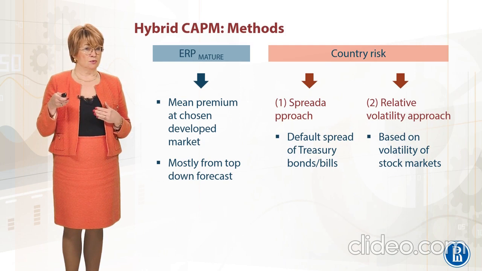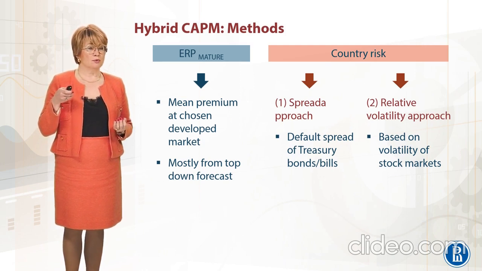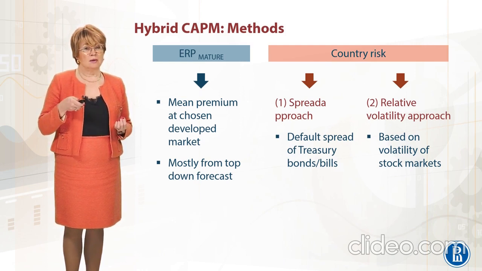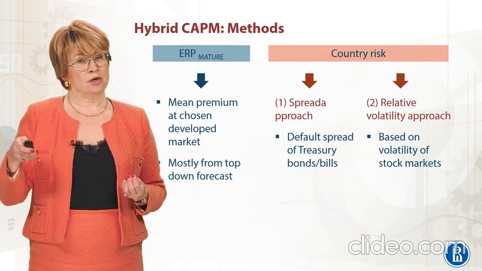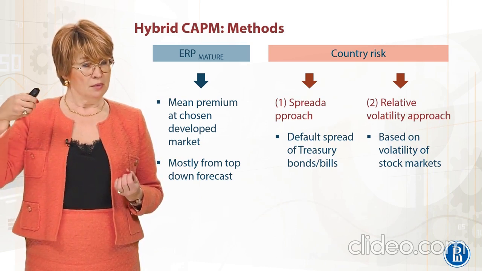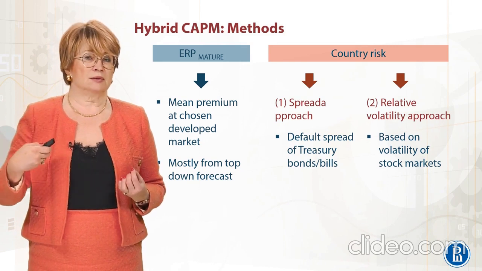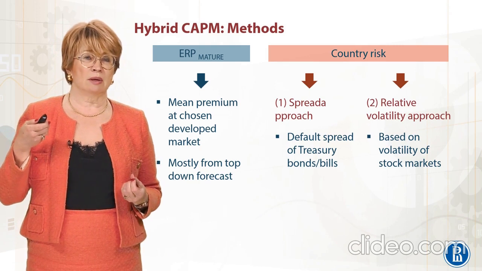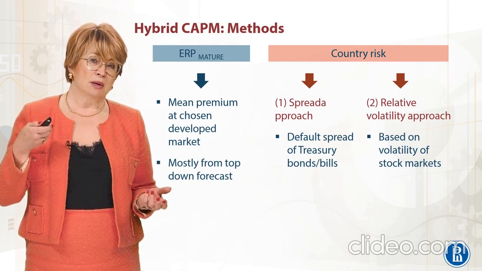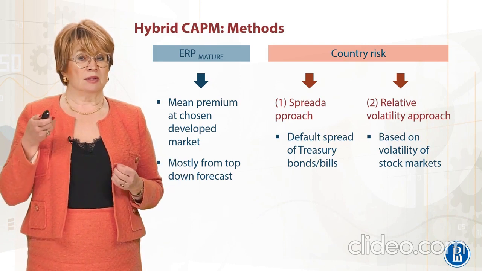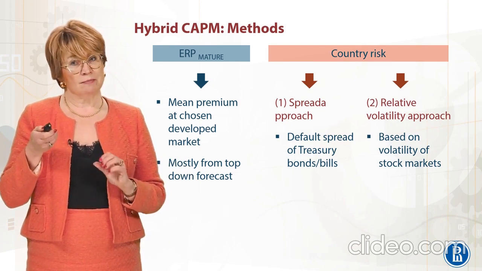We are going to use the default or sovereign spread of treasury bonds of the local market versus the treasury bonds of the benchmark market. Remember, at the beginning of the class we discussed that to some extent treasury bills can also be used, but this is a much more complicated way, though it's possible.